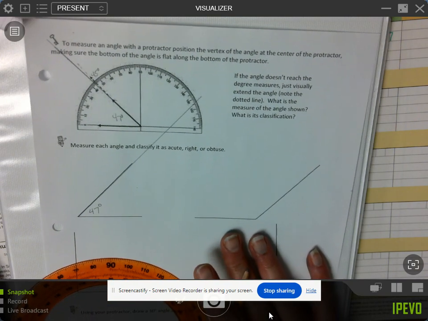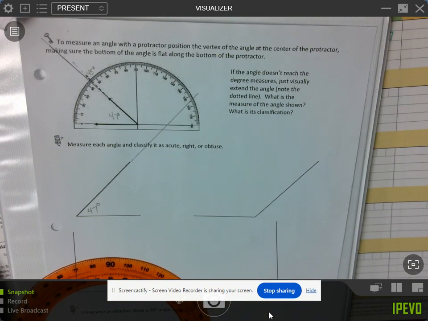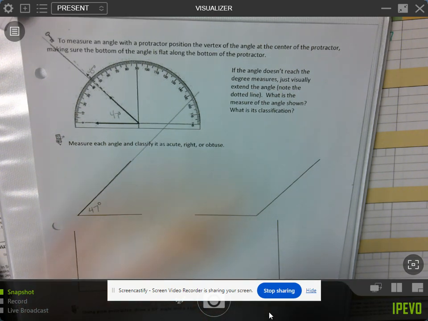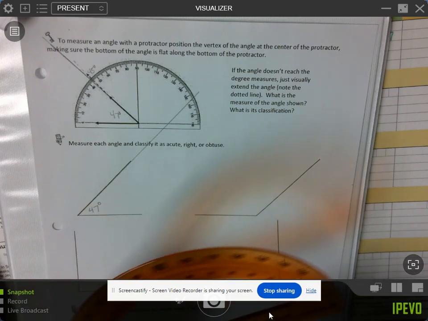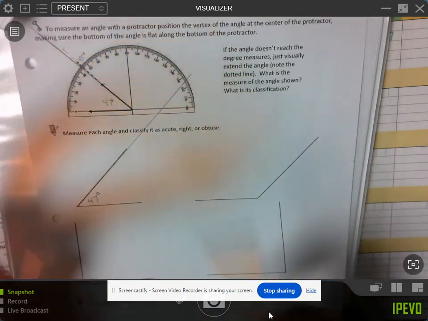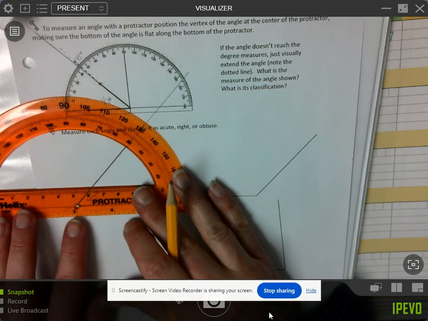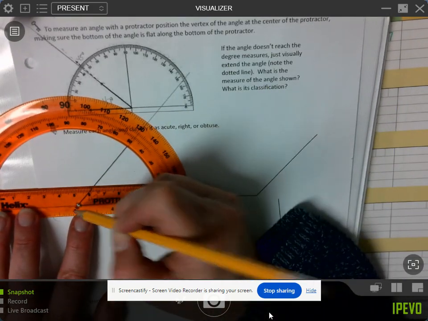Ava, did you have a question? Do you have a line on your protractor? On your plastic protractor. So you're going to put the vertex, that center point, you line that up right in the middle of that circle.